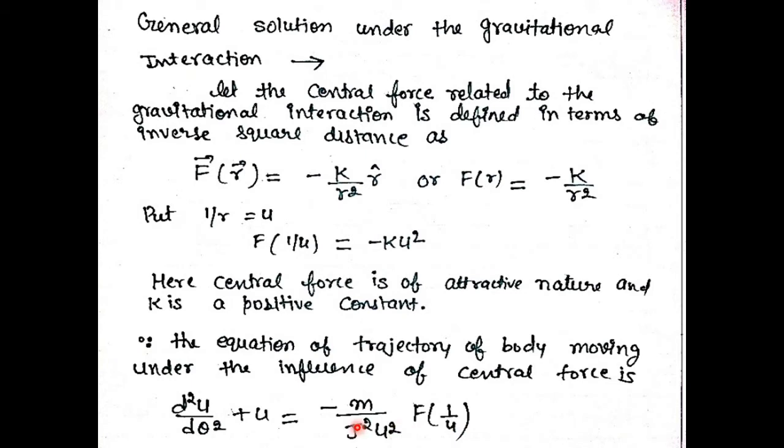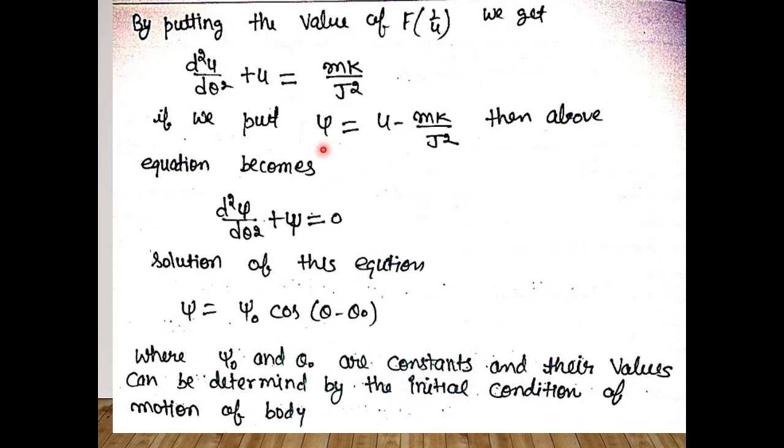So here we will put the value of this. Now by putting the value of f(1/u), which is minus k u square, what we get? d2u/d theta 2 plus u equals mk upon j square.